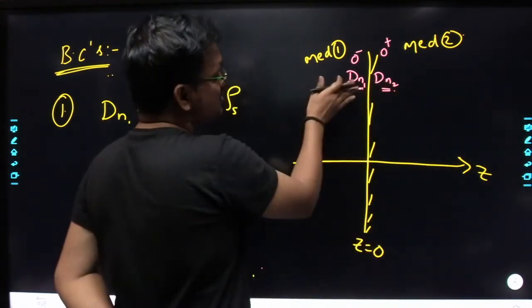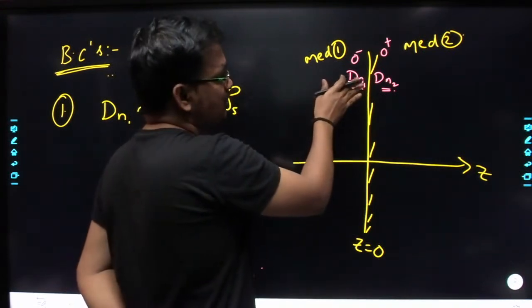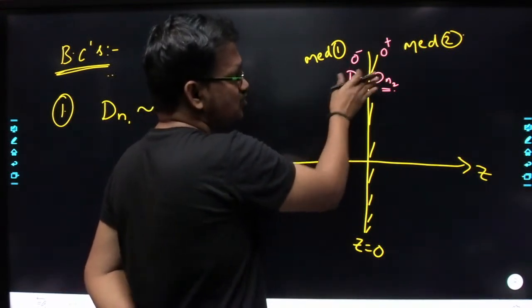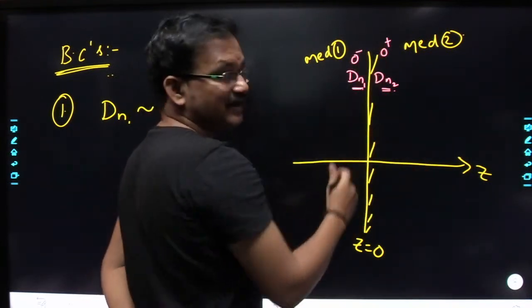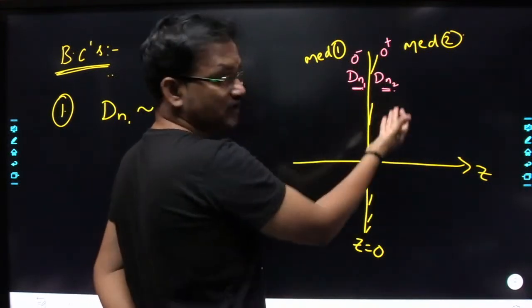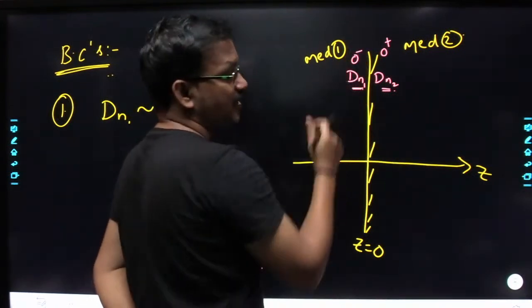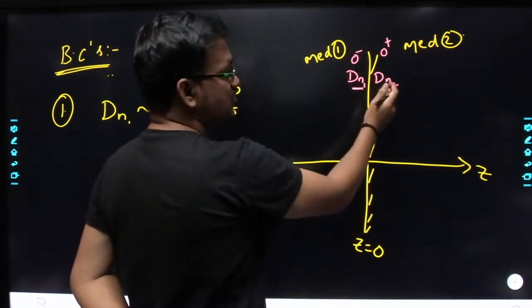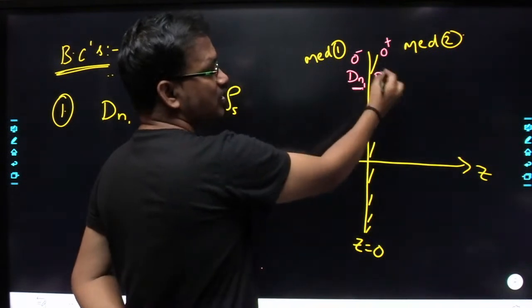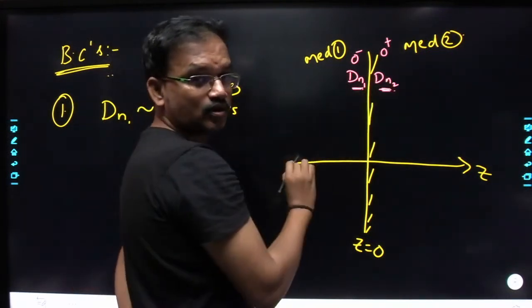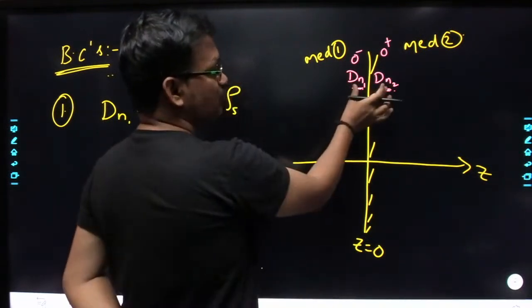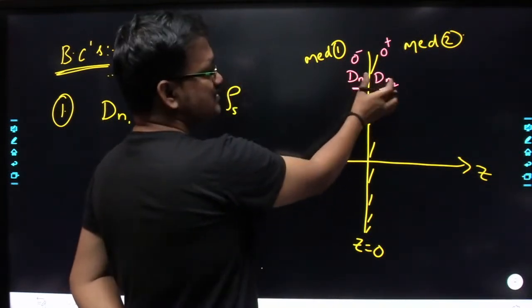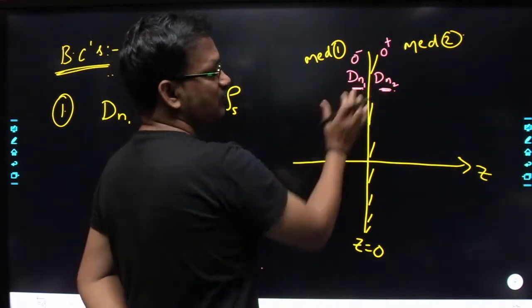As this normal component propagates from 0 minus to 0 plus, some changes are occurring exactly at the interface. Because of that change, you are going to see a different normal component of electric flux density, so I am representing it with Dn2. Both are not the same here.